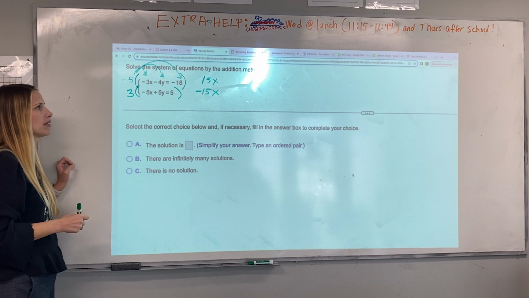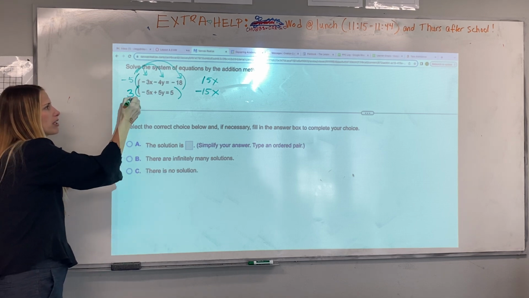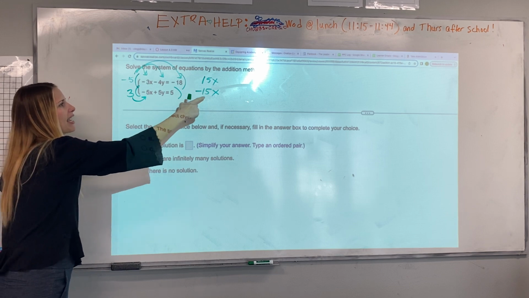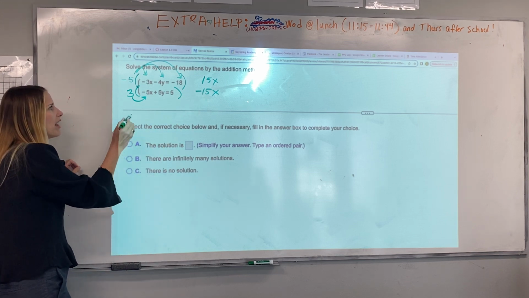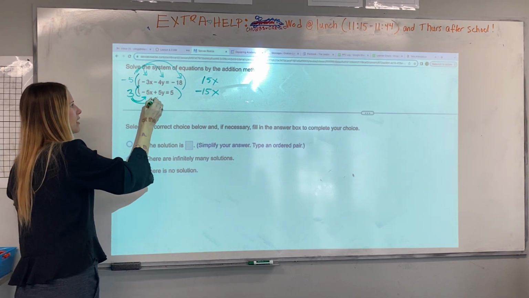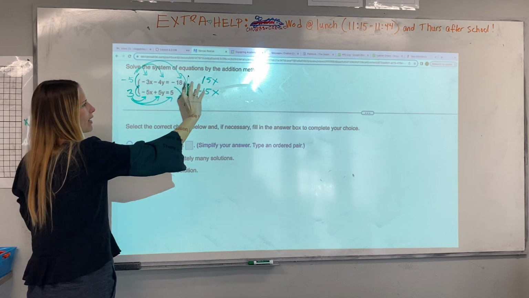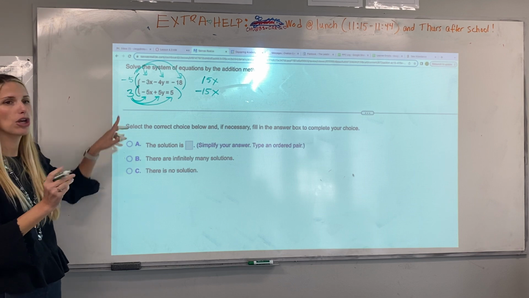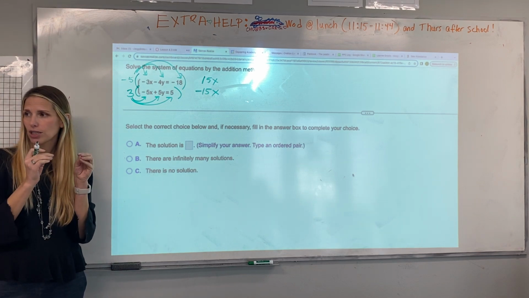Very good. So a positive 3 times a negative 5x will give me a negative 15x. Then I'm going to go ahead and continue distributing so I can get both of my equations. But I have figured out my magic numbers for each of my equations.